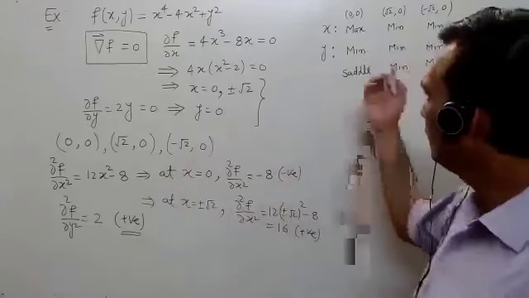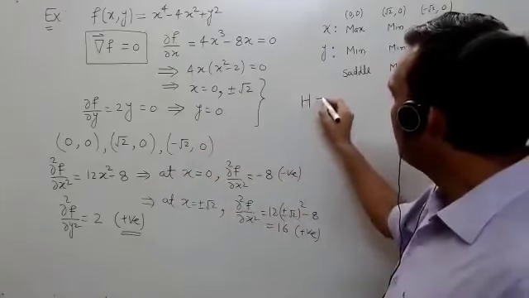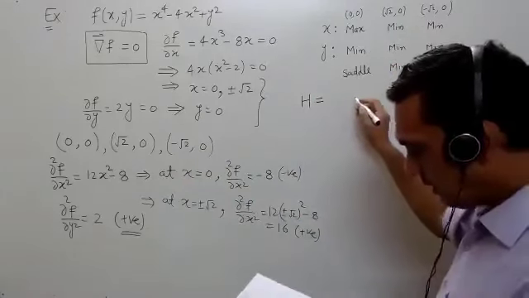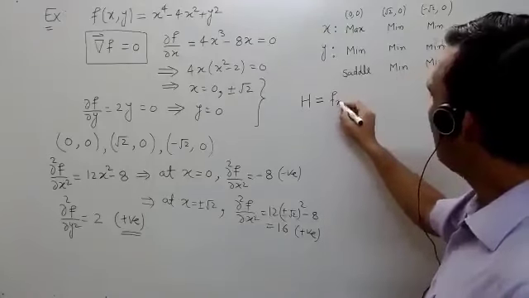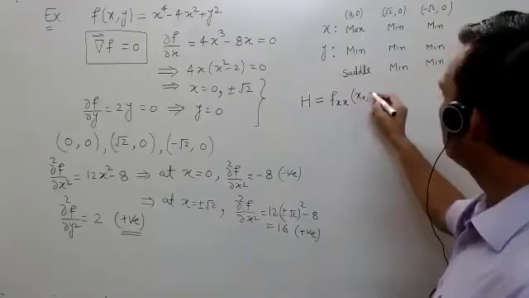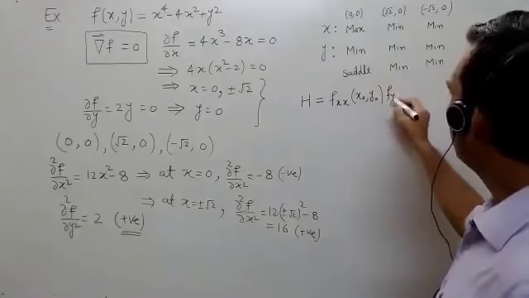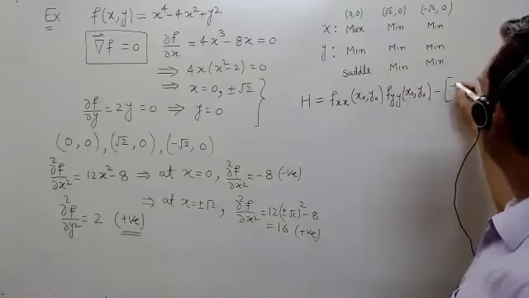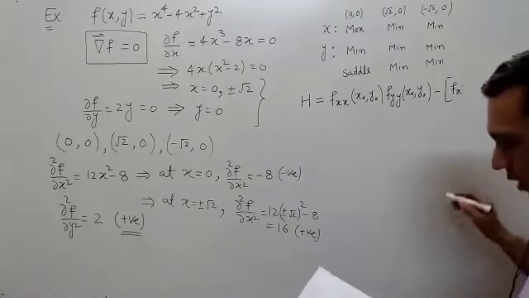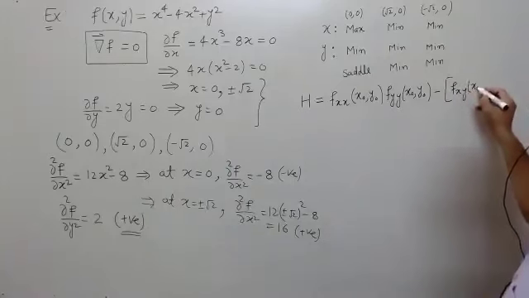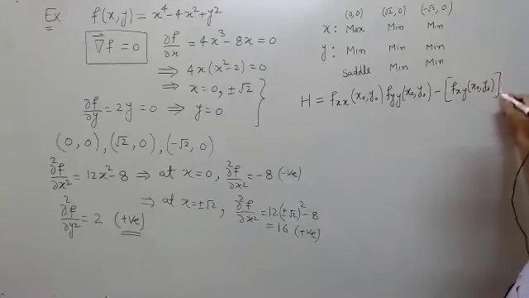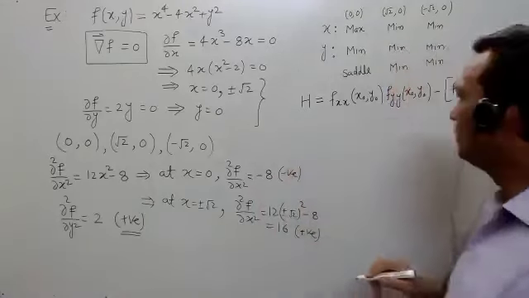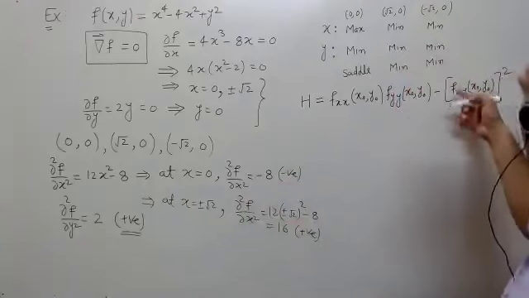That's why I have told you the final test: if you want to finally verify, you have to write this value that I have written. H is f(xx) at x naught y naught, then f(yy) at x naught y naught, minus f(xy) or f(yx) at x naught y naught whole square. So at different points you have to calculate these values. Let us first calculate f(xy).